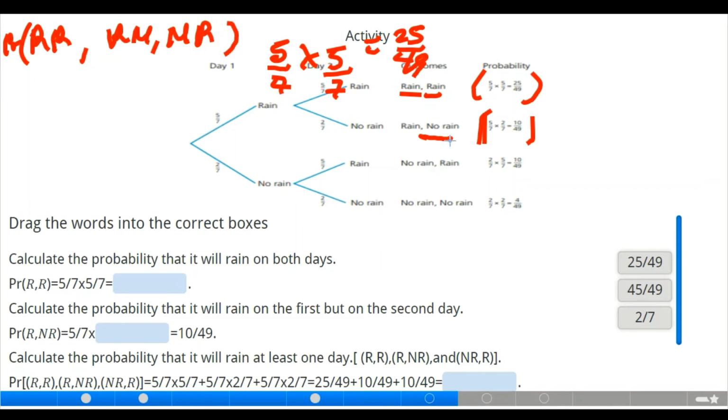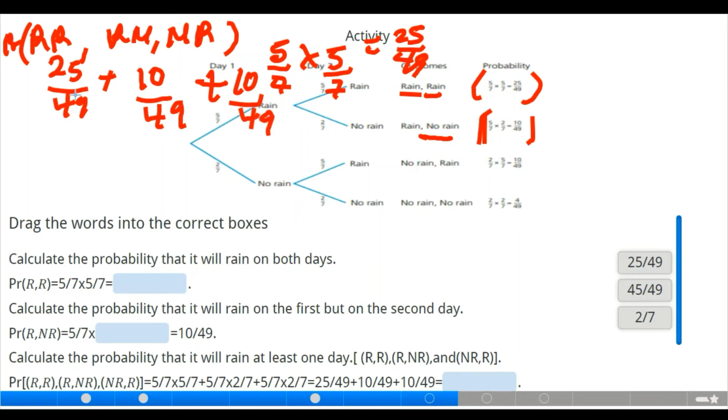So what's the probability of rain and rain? That is going to be 25 over 49, plus what's the probability that it will rain and it will not rain? That is 10 over 49. And what's the probability that it will not rain then it will rain? That is 10 over 49.